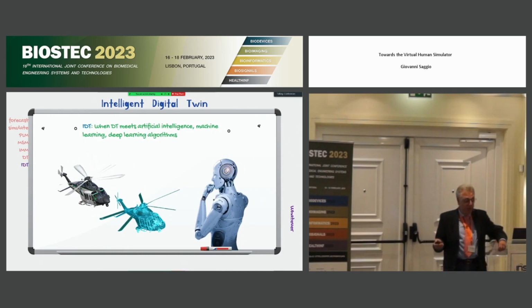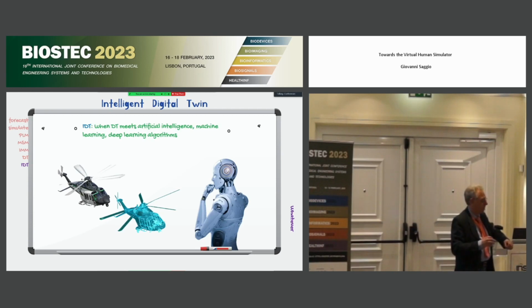Apart from the digital twin, there comes also another definition of intelligent digital twin, IDT. The intelligent digital twin refers to the fact that digital twin meets artificial intelligence, machine learning, deep learning algorithms.